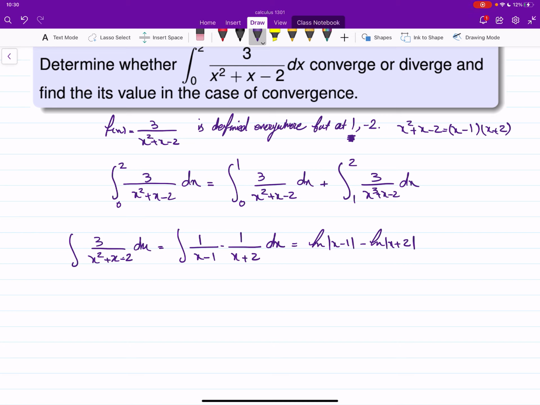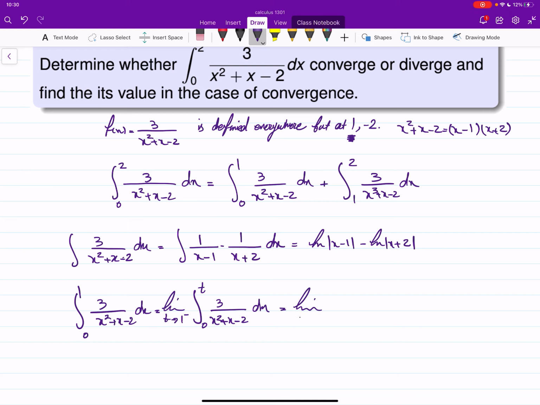Now, let's try the first integral, 0 to 1 of 3 over x squared plus x minus 2 dx. We know that at 1 it is discontinuous, so we go from 0 to t of this function, and let t go to 1 from the left.